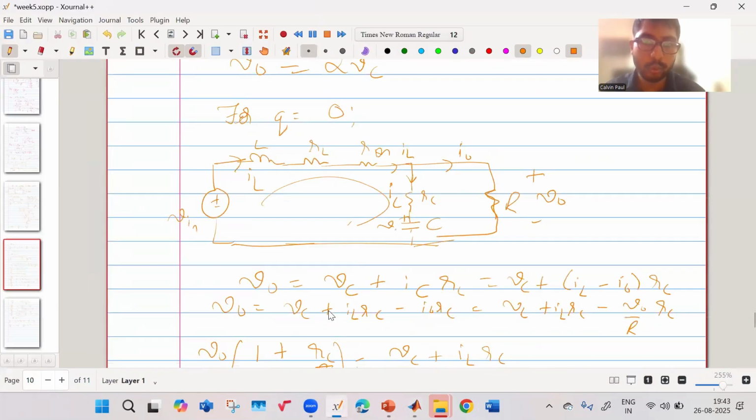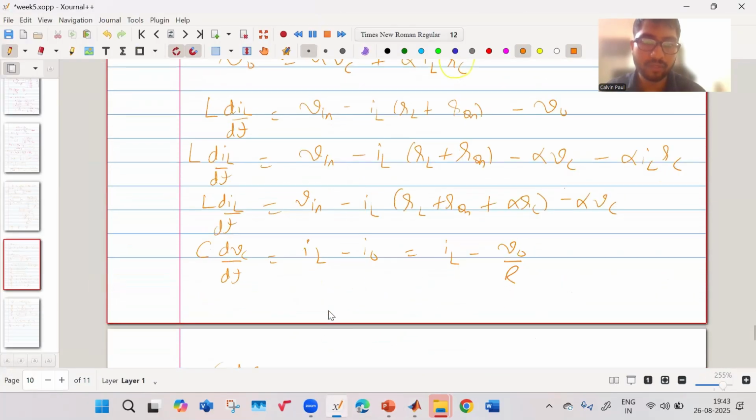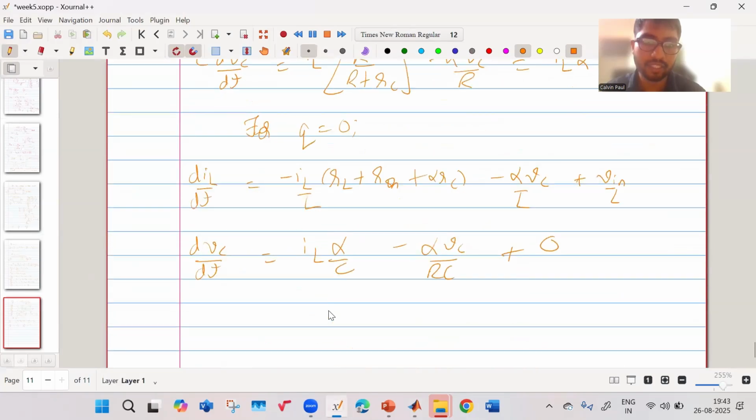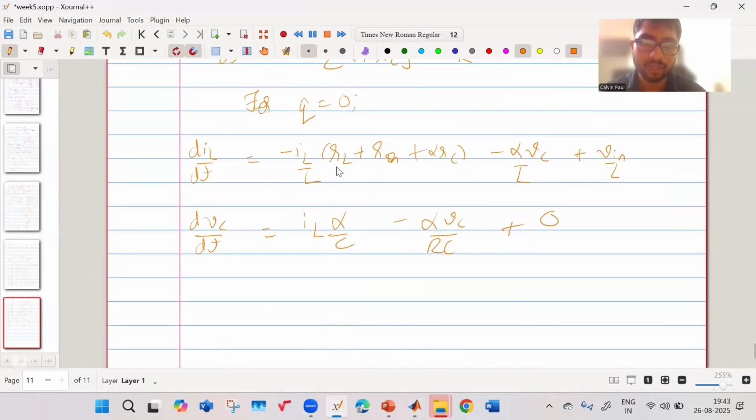A2 will be equal to, in this case, it is RL, R1 plus alpha RC.